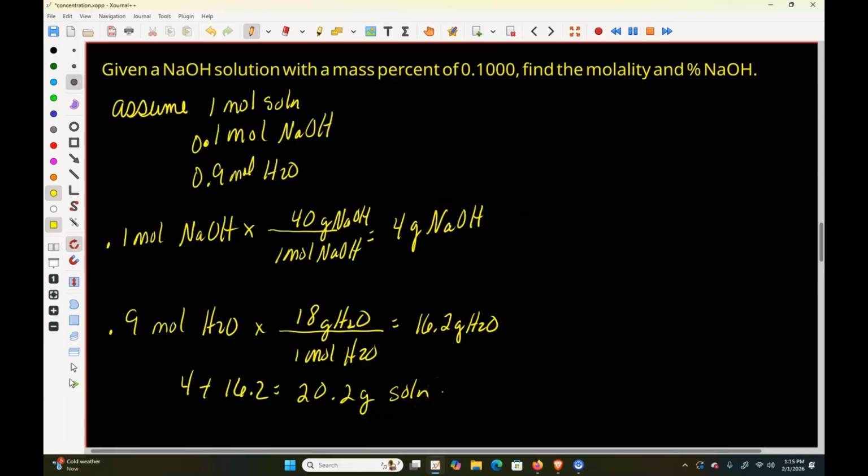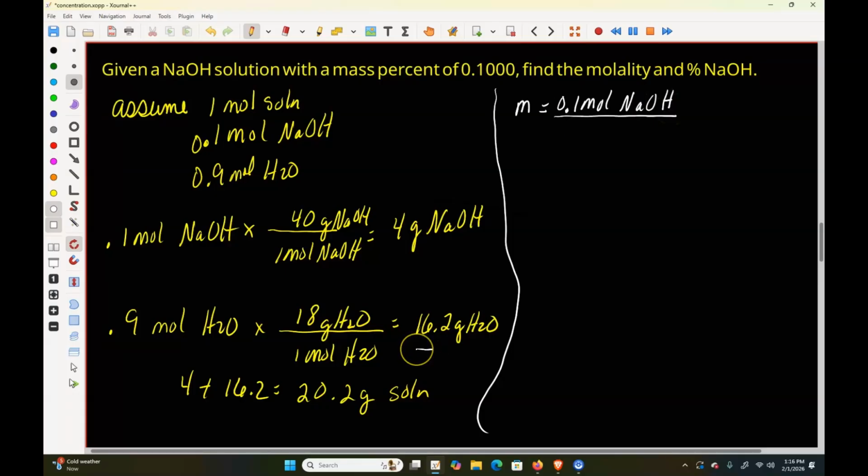Okay, so now let's see if we can solve for molality and percent. All right, so molality, small m, equals the moles of solute, which is 0.1 moles of sodium hydroxide, over kilograms of solvent.